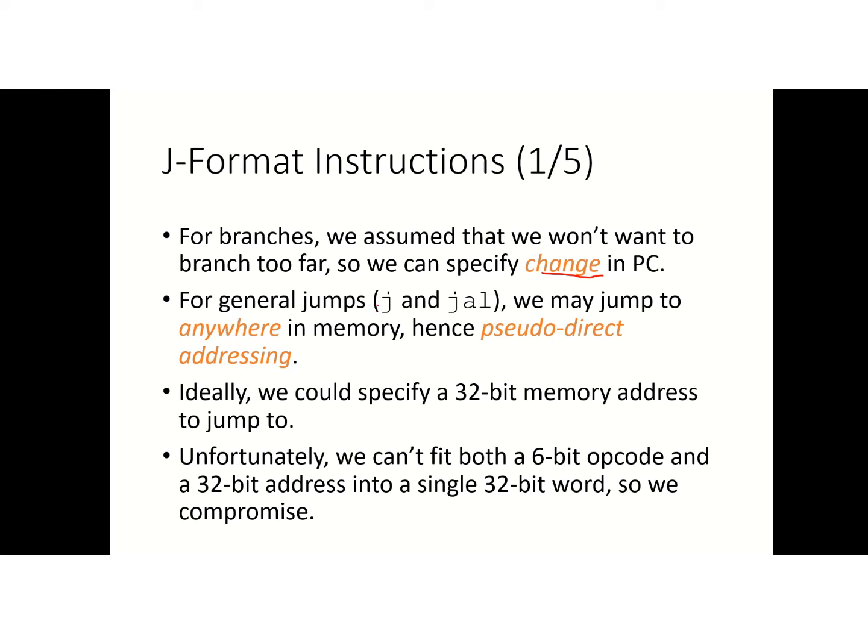But for general jumps like J and JAL, we may jump anywhere in the memory. Hence what we call pseudo direct addressing. Because we want to jump anywhere, we use pseudo direct addressing. Ideally, we could specify a 32-bit memory address to jump to.